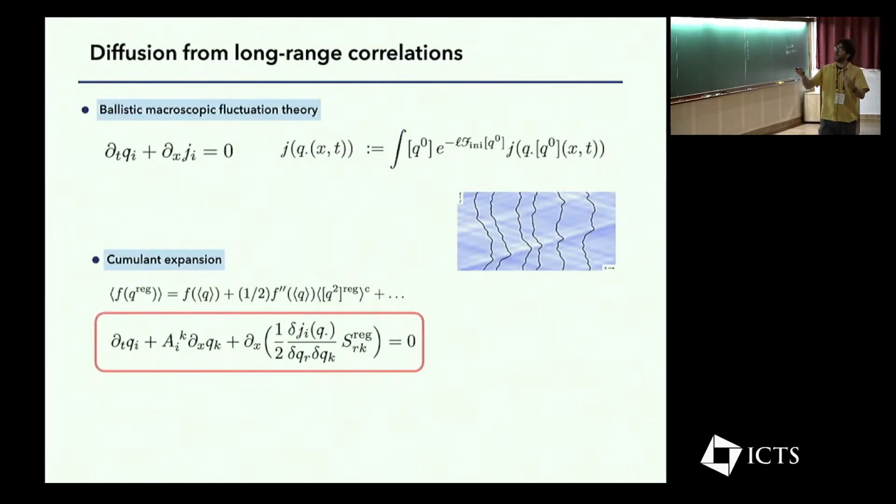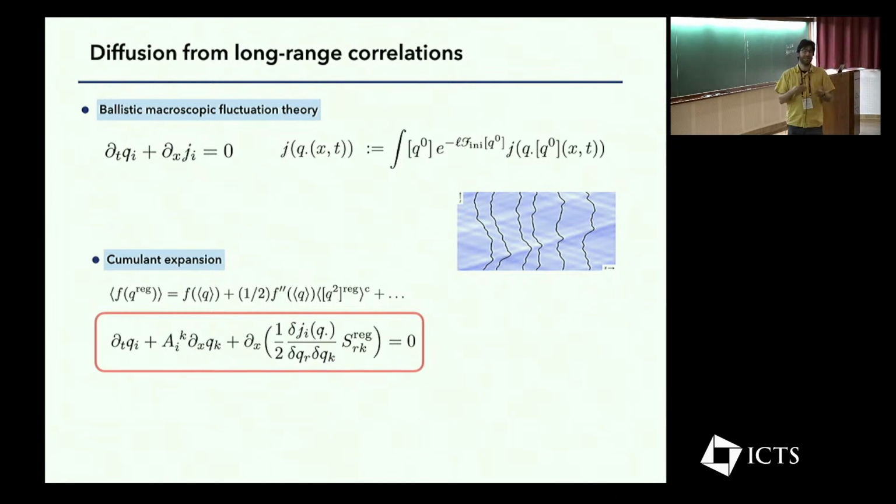So you have to again use a more refined technique, which is, for example, ballistic macroscopic fluctuation theory, which is nothing more than a more mathematical way of saying what I just told you: in order to do hydrodynamics, you have to start from a fluctuating initial state, then expand the current on top of this fluctuation, and then your correct hydrodynamics is something that looks like this, where diffusion is indeed regulated by the fluctuation of the current with respect to the charge. And this one is basically the 2-point function of the charges.